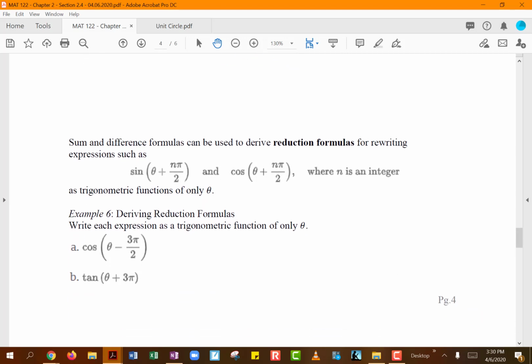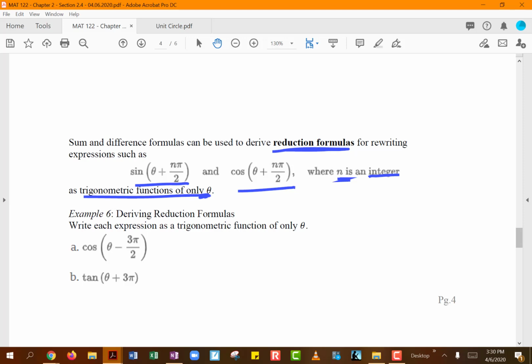Another place where we can use these sum and difference formulas is also to derive our reduction formulas. So they are basically saying, if you have expressions like sine of theta plus n pi over 2, or cosine of theta plus n pi over 2, where your n is an integer, you can actually just rewrite them as trig functions only with theta, which means you can get rid of this n pi over 2 from both our examples.